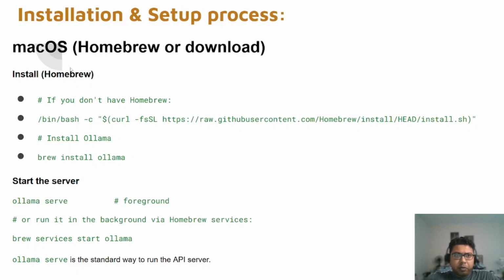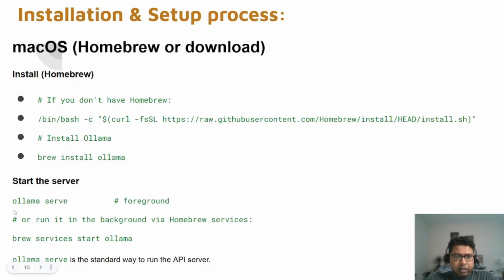So for macOS, if we are using Homebrew, though I generally use a Windows machine, this will be the command to install Ollama: brew install ollama, and then start the server. The command is ollama serve.